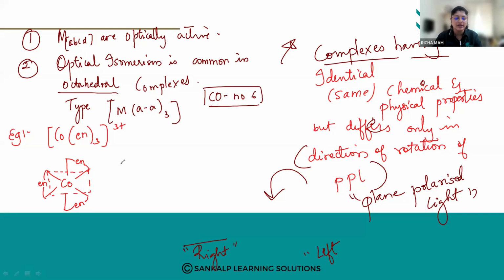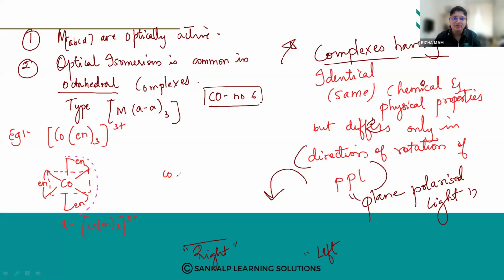This is the dextrorotatory form of the complex. You can see that the half part is on the right-hand side, so this is dextrorotatory.